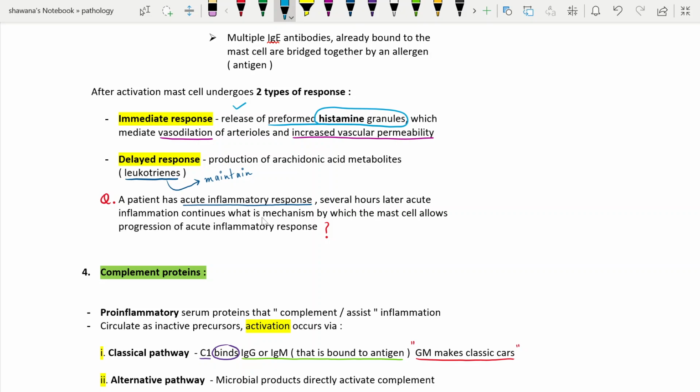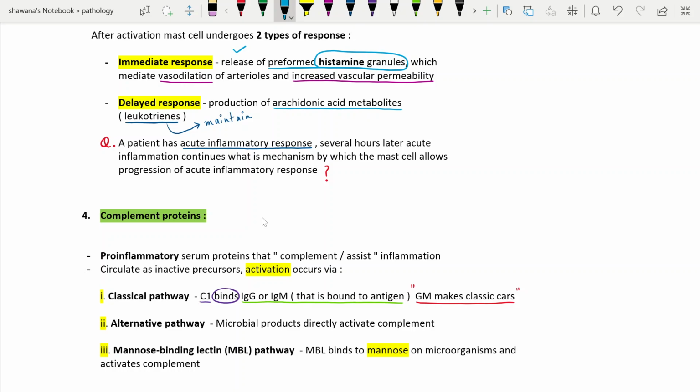Delayed response of the mast cell is the production of arachidonic acid metabolites. What are the two products of arachidonic acid metabolites? First is the prostaglandins and second is the leukotrienes. But in the delayed response, leukotrienes are going to be produced. It's very important.